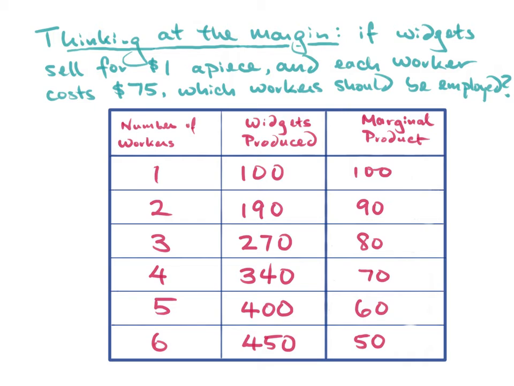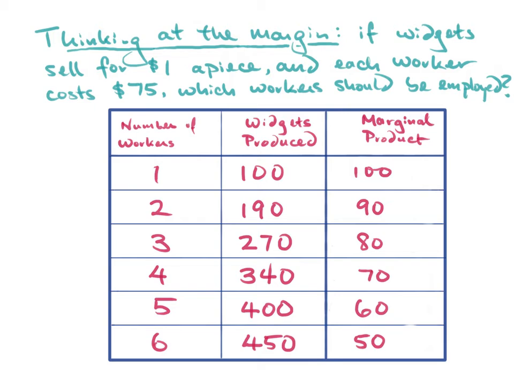Suppose that this firm is trying to make a decision about the number of workers to employ in order to maximize profits. For this example, imagine that the widgets the firm produces sell for $1 a piece, and each worker employed costs the firm $75. For example, if the firm employs 2 workers, they produce 190 widgets.